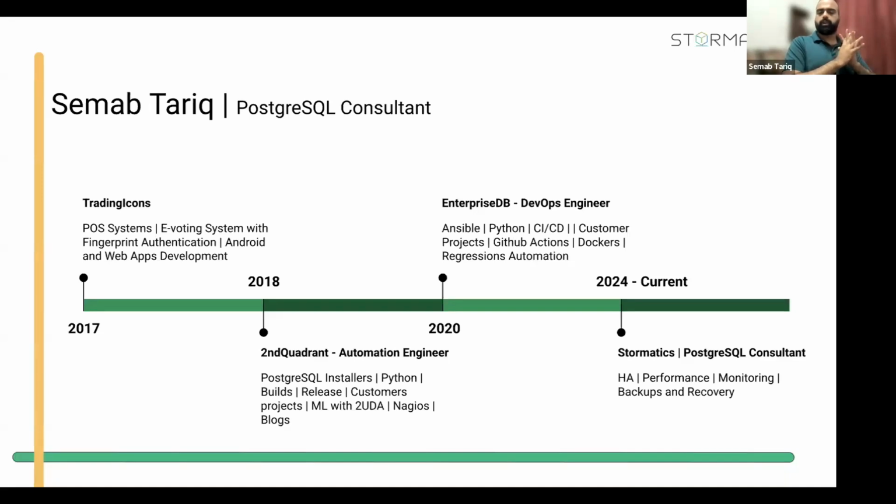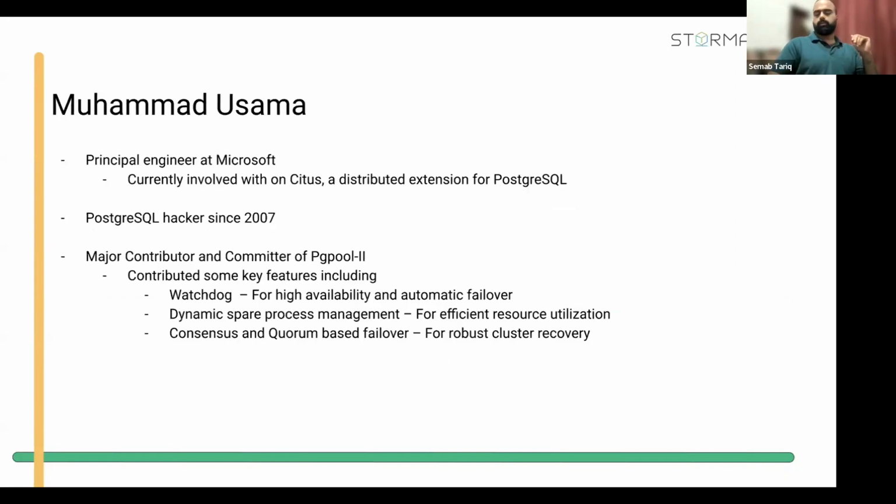Then later, I joined Enterprise DB as a DevOps engineer, and I continued my work. I was again responsible for the community Postgres installer, releasing minor updates and adding features. And recently, in 2024, I joined Stormatics, where I am more into deploying clusters. At Stormatics, our key focus is on high availability, performance monitoring, and backup and recovery solutions. Yeah, that's about me. Nothing very special.